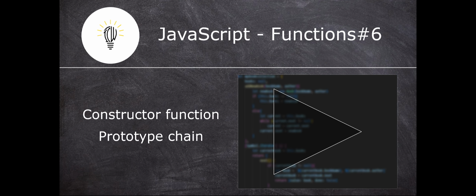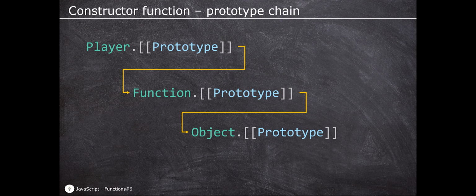But where does this chain end? To answer this question, we go back to the constructor function. So when we create a constructor function, JavaScript provides a __proto__ property to this function as well, which points to Function.prototype. Again, this also has a __proto__ property which points to Object.prototype, which is the final link in the prototype chain.